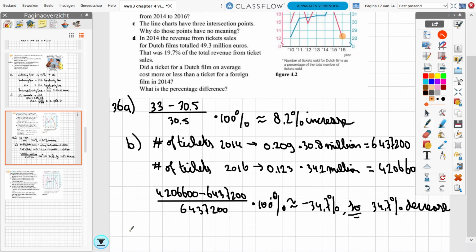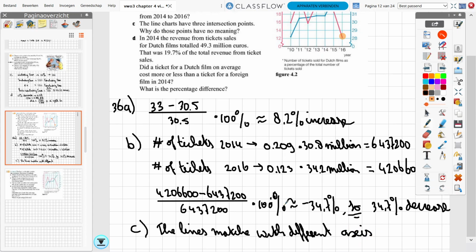So the answer to this question here is, yeah, you can say the line charts are about different things, or the lines match with different axes.